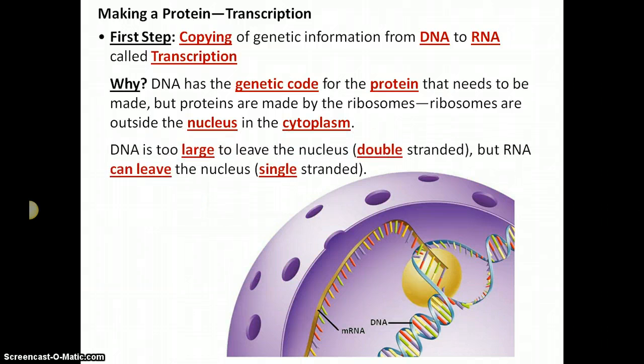Because the DNA is too large, it's got 2 strands, but RNA can leave the nucleus because it's single-stranded. Okay, so DNA has this genetic code, and that genetic code needs to go out to the ribosome. And mRNA can do this. RNA is small, and it can copy just small pieces of the DNA.